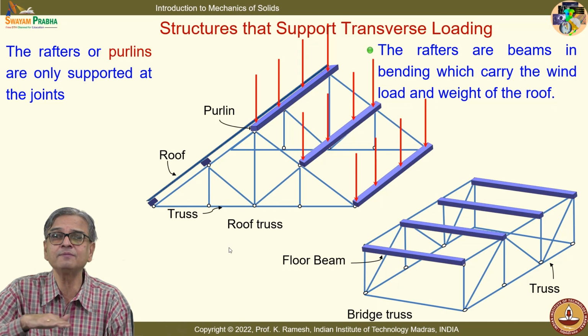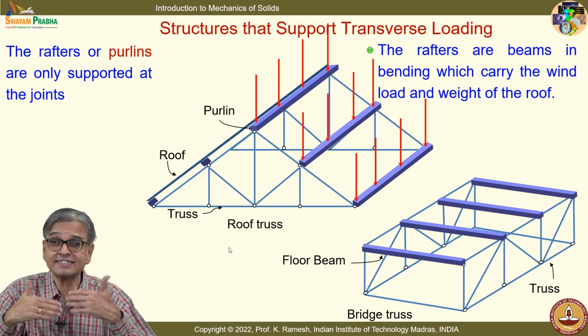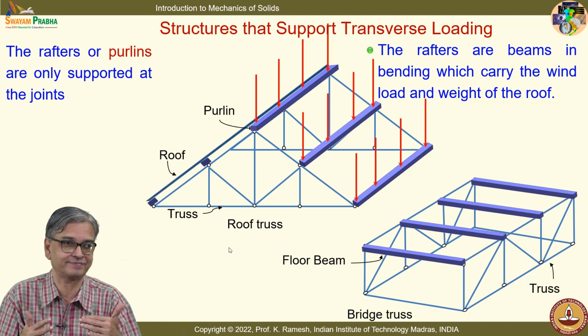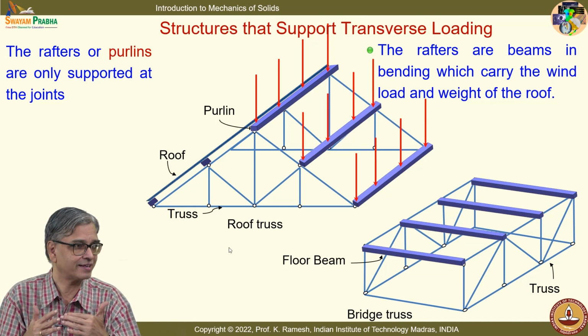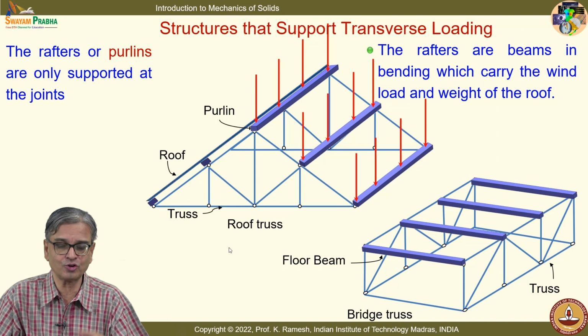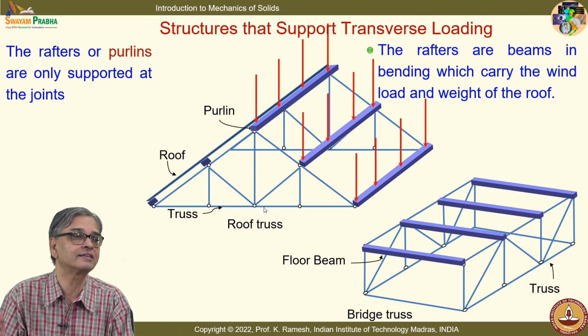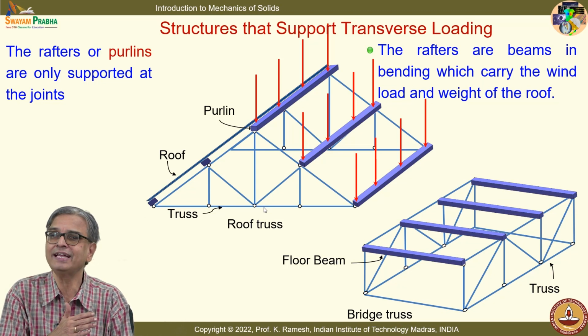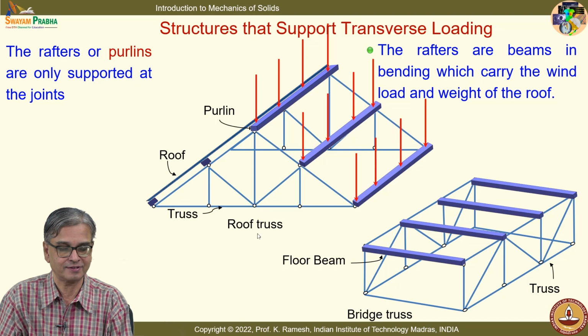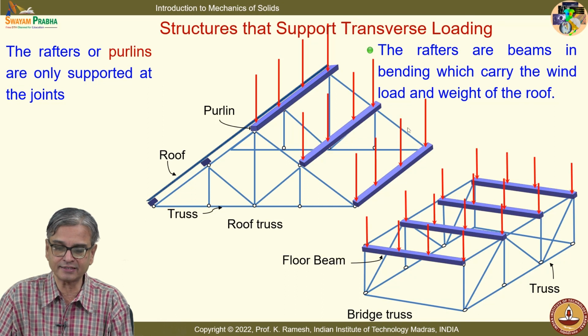The floor beams take the transverse load, they resist it by bending. Fine. But in your previous course, you analyzed only trusses, and you have been able to find out that they transmit only axial loading. And this again has transverse loading like this.